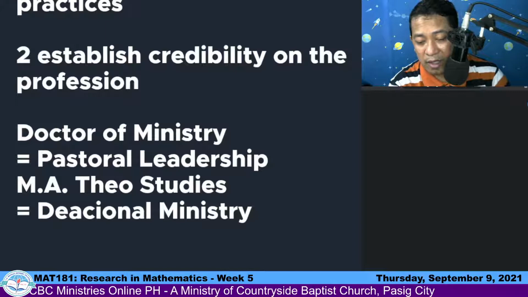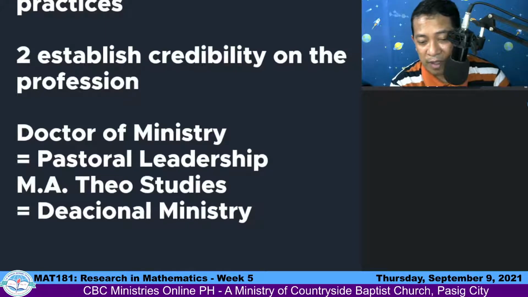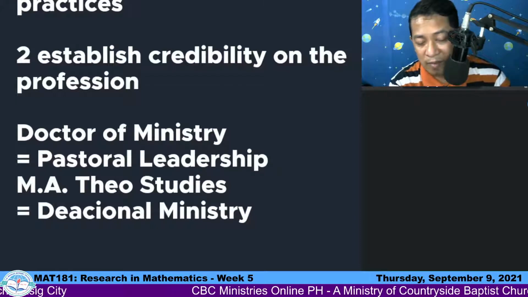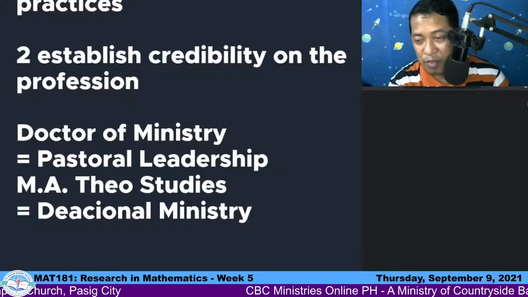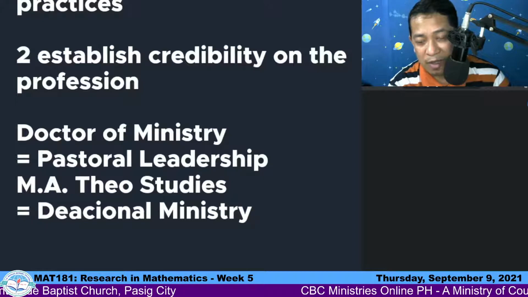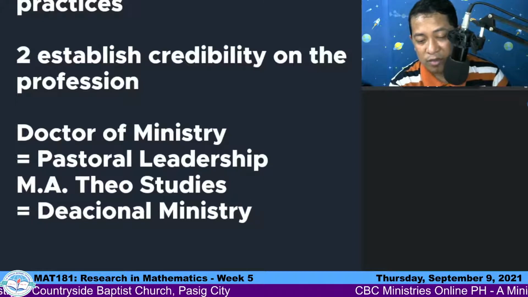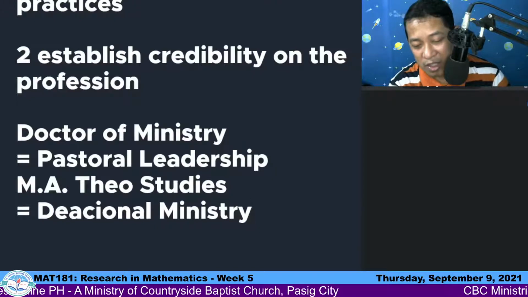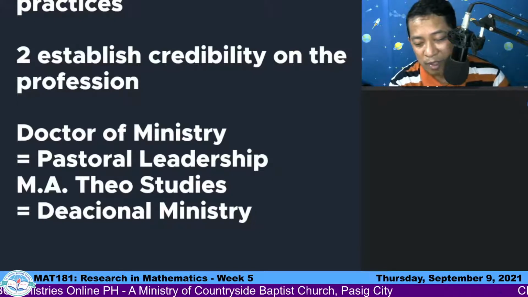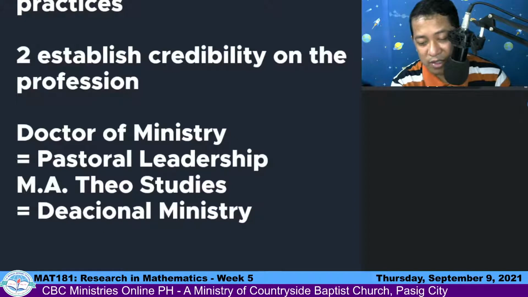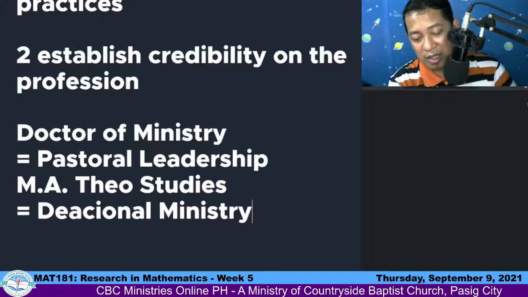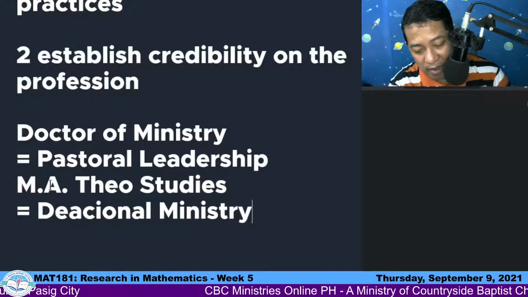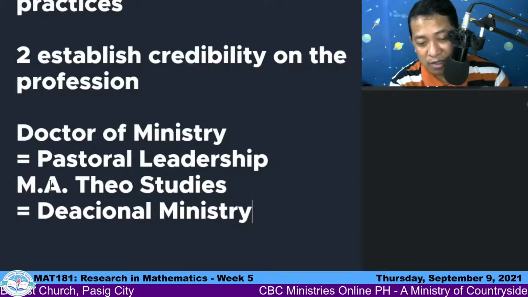We could be a resource speaker perhaps, or perhaps in the church community where I belong, I could use these materials to edify our members, or to share my knowledge with other people. Because these are research-based outputs that we could share. So there is credibility as far as research is concerned.